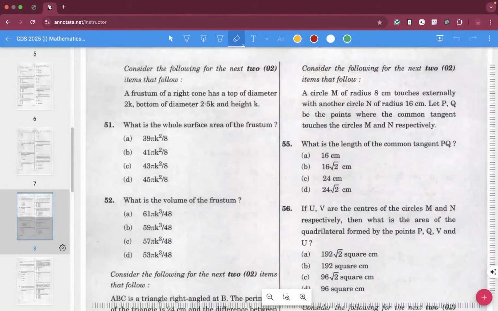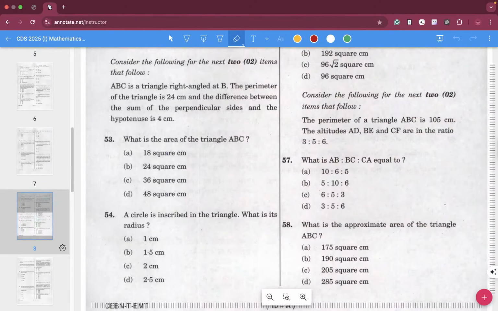All right, so we'll move to the next one. Consider the following for the next two items that follow.